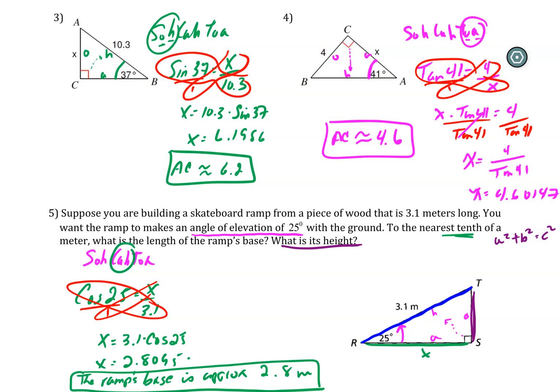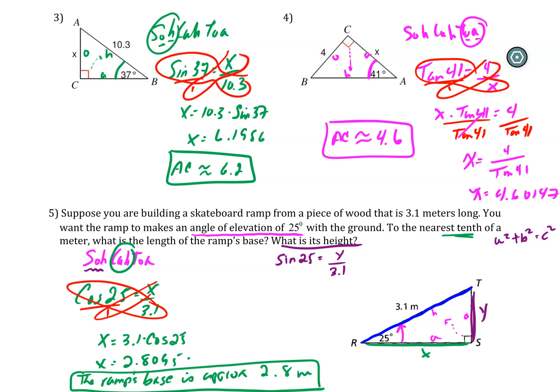So that's going to be, in this case, sine. So we're going to have sine of 25, and that would equal, in this case, I'll call it y so that we don't have two x's. All right, we have y over 3.1. Now, again, I could have used this x value and done tangent of 25 as equal to 2.8 over our y.